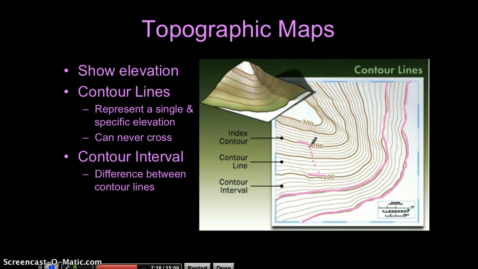So if this is a 100 feet difference or 100 meters difference, you divide that by 10, so that gives you 10 per line. So this is 100, this is 110, 120, 130, 140, and this would be 150. It's not written there, but you can figure that out based on the contour interval.